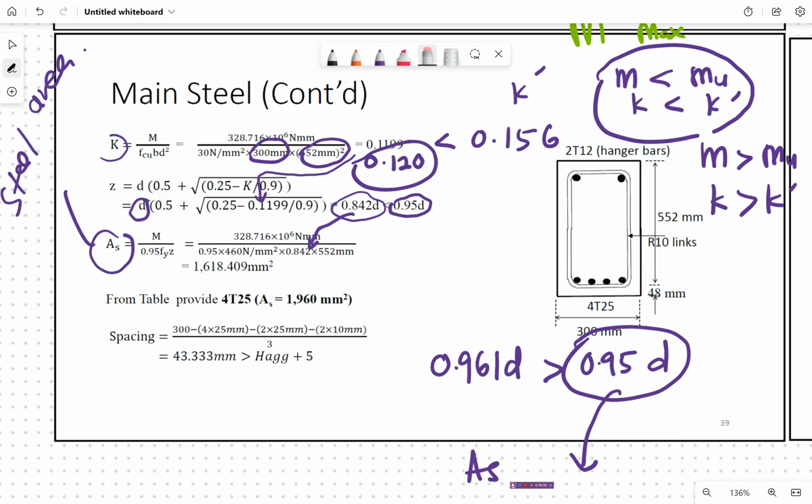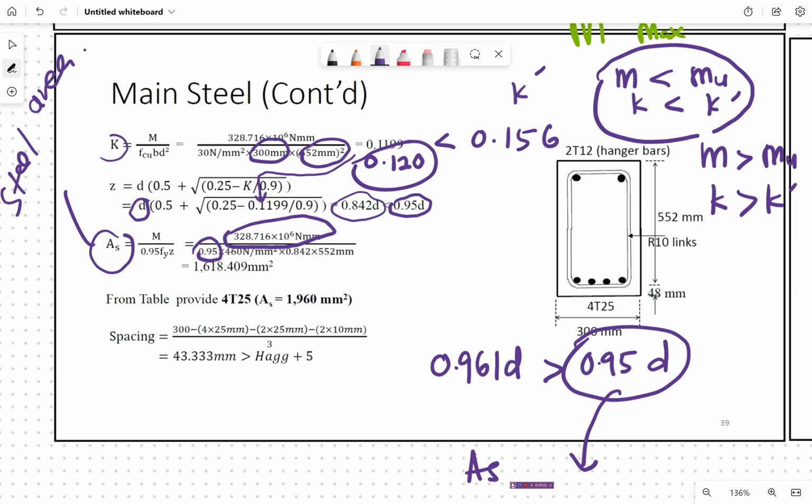So 328.716 times 10 to the power of 6 Newton mm, divided by 0.95 according to the formula. Fy is the strength of the steel, or the strength of our main reinforcement, which we already know is high tensile. Fy is given in the question as 460.